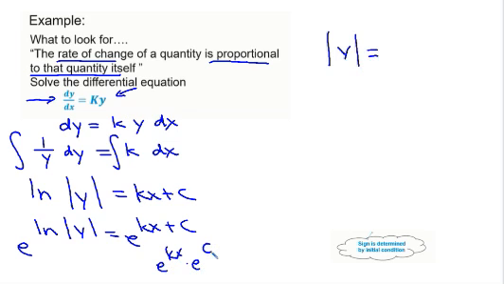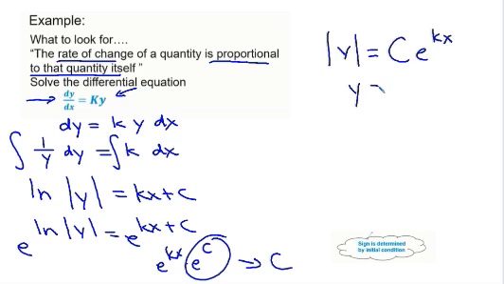And we just call this thing c. So we now have that this is equal to c e to the kx, and y equals, it could be plus or minus c e to the kx.